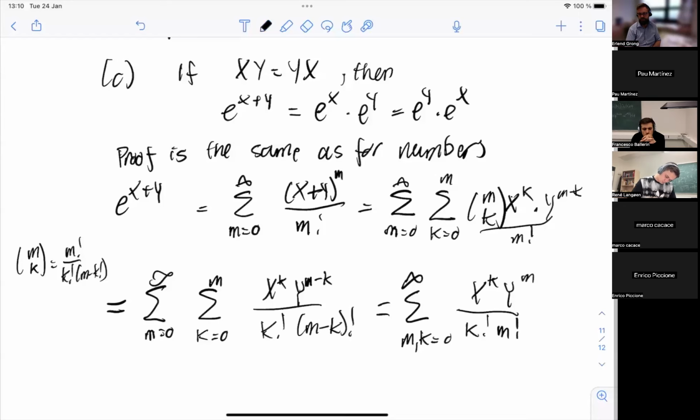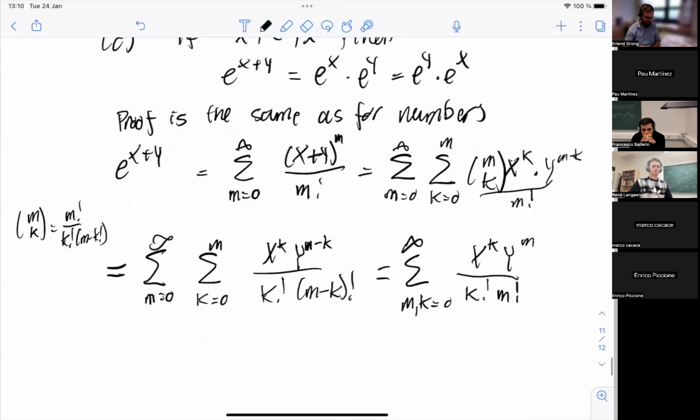This is, I think, the hardest part to realize: the equality between these two. But if you think about it, what is this sum? It's the sum over all combinations where you have x to some power divided by the same factorial, and y to some power divided by the same factorial.